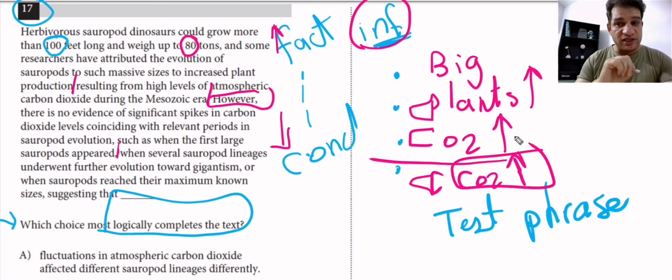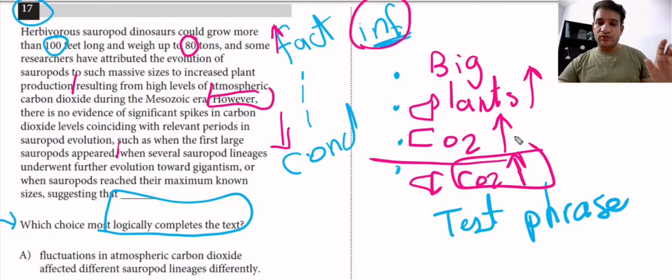So what is the conclusion? You can put these together. I'm going to tell you the points once more to think of how to come up with a conclusion. Those dinosaurs can grow to a very big size, okay? Some researchers think that they can grow to this massive size because of the increased plant production, because of the high levels of carbon dioxide in the atmosphere. However, there is no evidence that carbon dioxide levels increased in the era when those sauropods were very big in size.